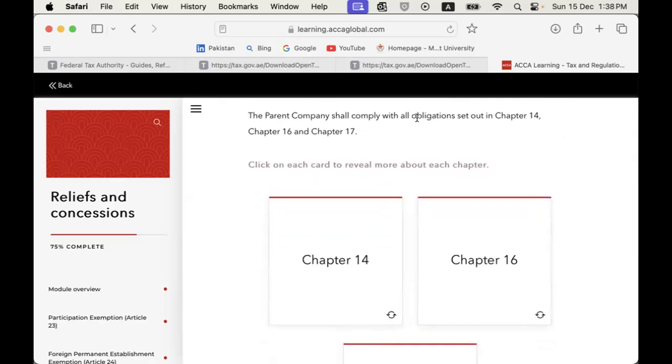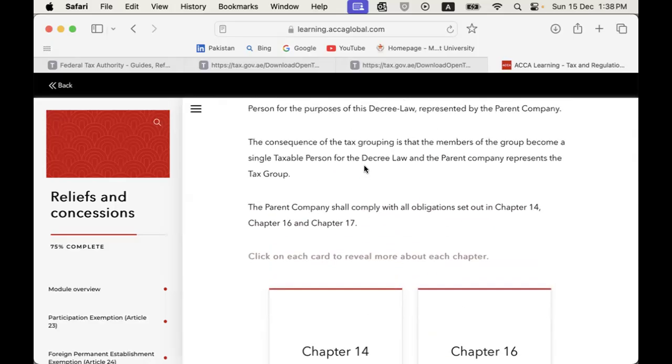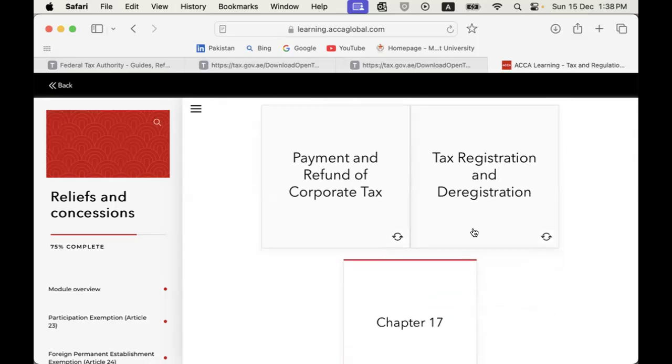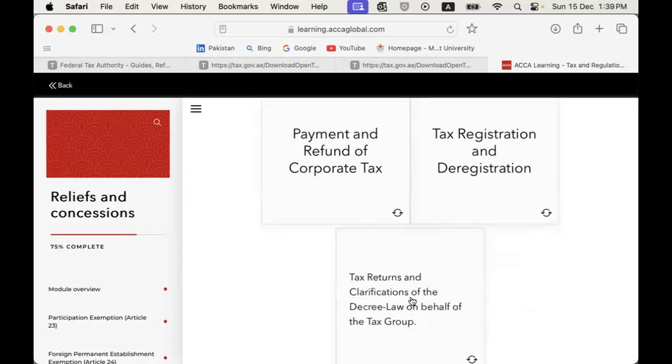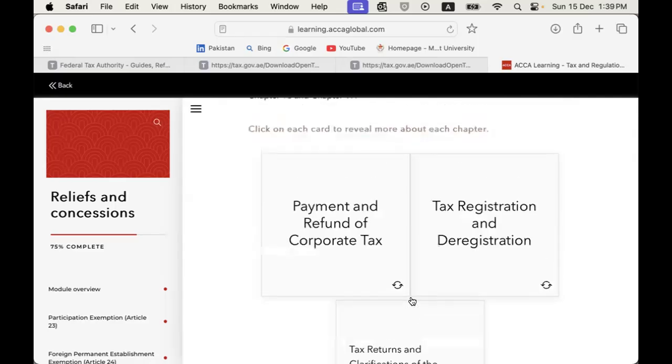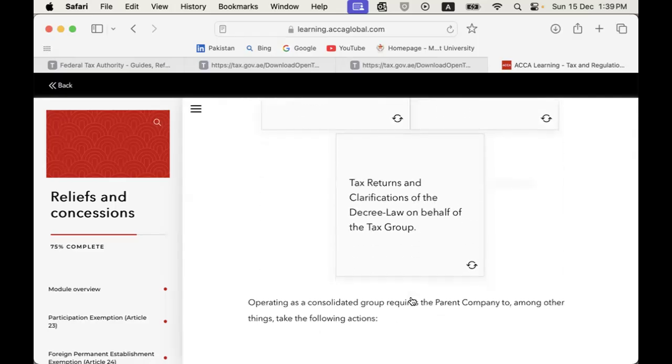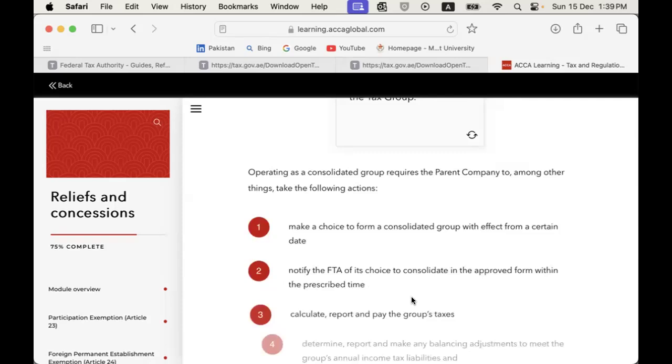The parent company shall comply with the obligations set out in chapters 14, 16, and 17. Let's see what this is. Payment and refund of corporate tax. Okay. Tax registration, deregistration, and tax returns and clarification. So that's the job of the responsible person. So basically, one company will be positioned, which will be the parent company.